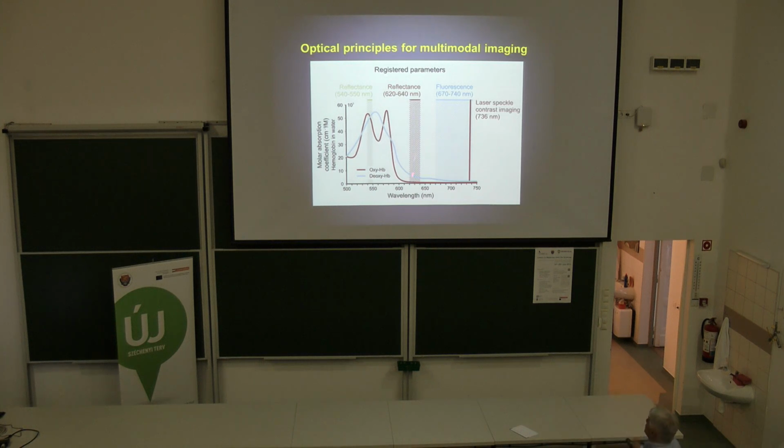And this reflection, because at 620, 640 nanometers, only the deoxygenated hemoglobin is reflecting. So this reflection is responsible for the amount of deoxygenated hemoglobin. So therefore, this information is about the local blood volume and also the local metabolic processes.